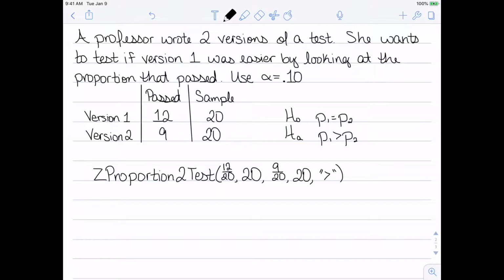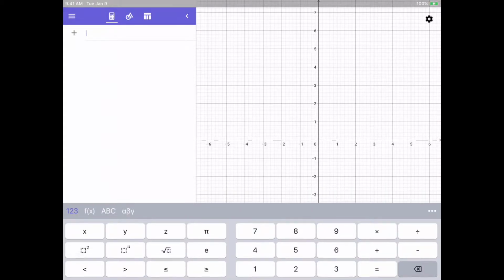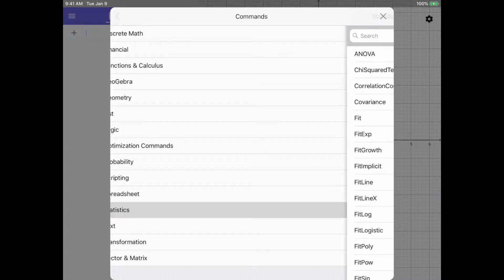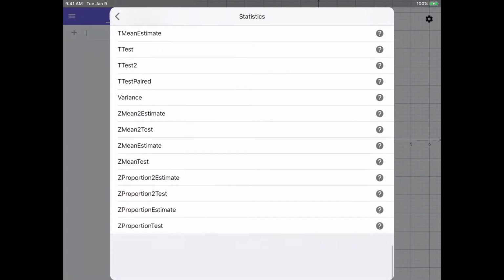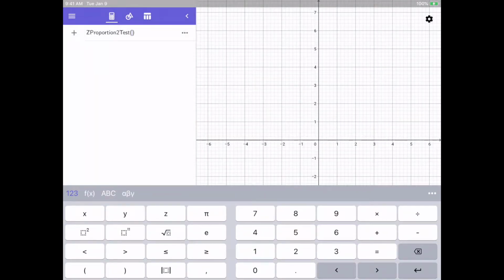So let's move over to our calculator and type this in. Here's the calculator. We can click the 3 dots, scroll down to statistics, and then down to the z proportion 2 test. Our first sample said that 12 out of 20 passed, with a sample size of 20.